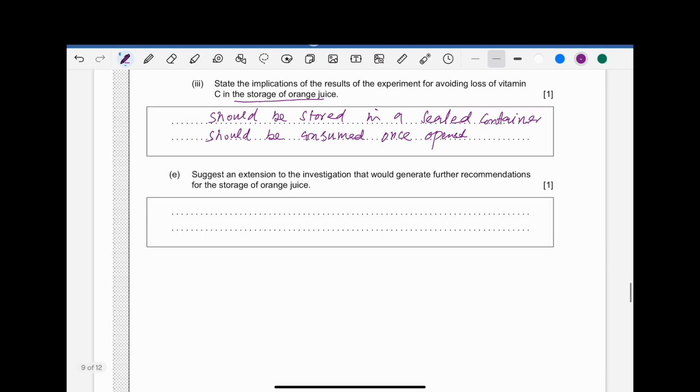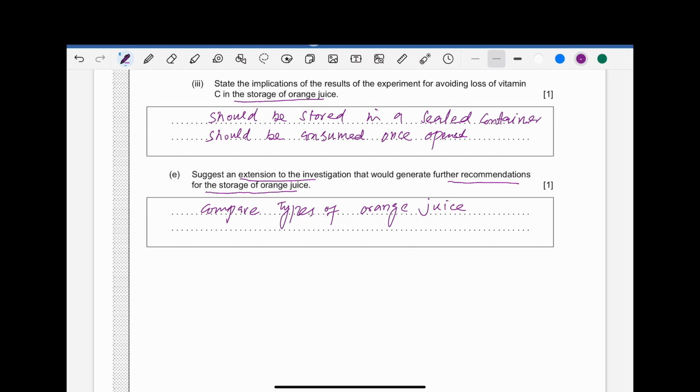E. Suggest an extension of the investigation that would generate further recommendations for the storage of orange juice. So an extension, we can compare types of orange juice rather than using one orange juice, so different types of orange juice.